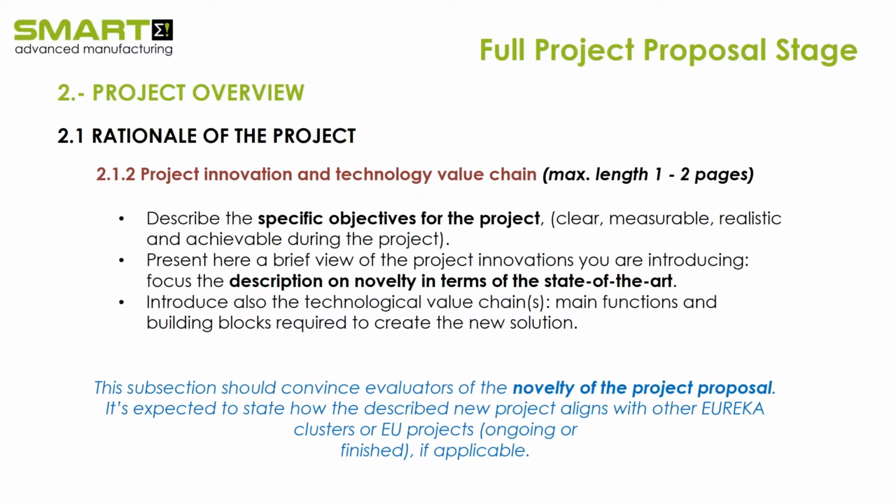And if they are not achievable during the project life, it has to be explained how much time it will take after the project ends for really having these technologies in the market, or if some post project activities are needed, for example. But it's important to measure these objectives in a clear, realistic way.